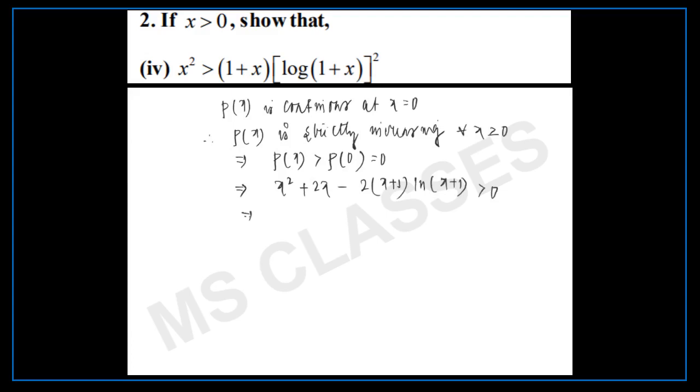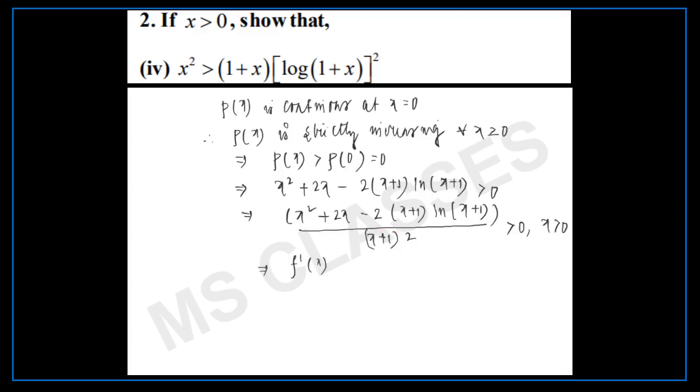This implies x squared plus 2x minus 2 into x plus 1 into ln x plus 1 whole divided by x plus 1 whole square is greater than 0 when x is greater than 0, because the denominator is a positive number. And this implies f dash x greater than 0 when x greater than 0.